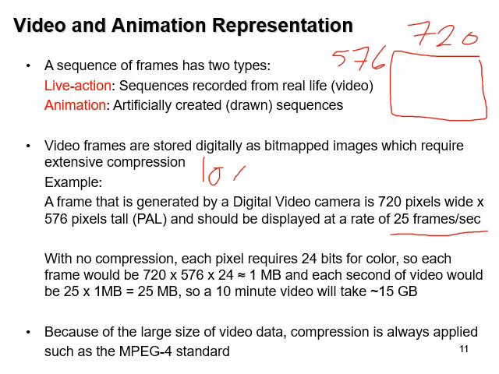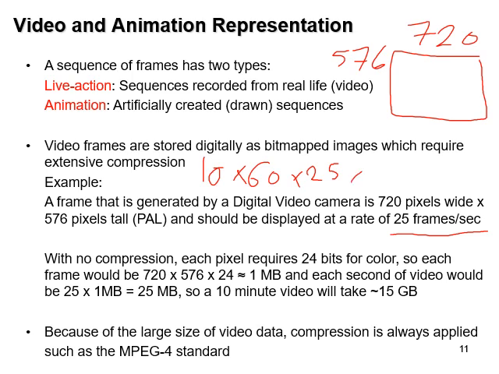So we have to convert the 10 minutes into seconds, so we multiply by 60. Now, how many frames do we have per second? We have, as mentioned here, 25 frames per second. Now, what is the size of a single frame? By size, I mean how many pixels does each frame have?